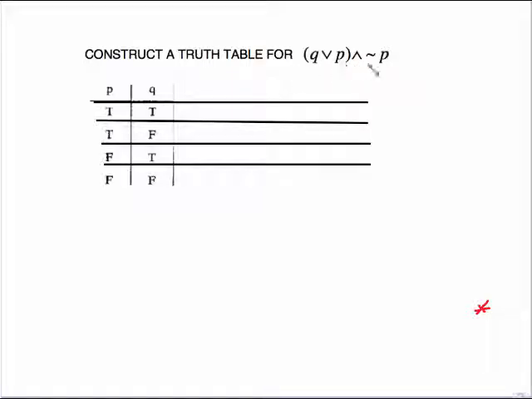We need to build this argument. Starting with what's inside the parentheses, we will need a separate column for Q or P. We will also need a column for not P. Then we're going to be able to put this whole thing together as Q or P and not P. Now you know from before, under an OR statement, as long as you have at least one true, then the conclusion is true.